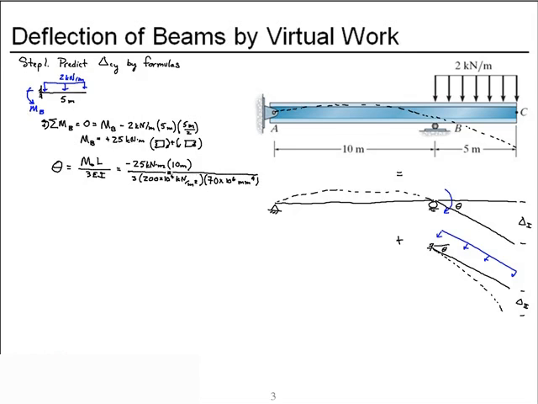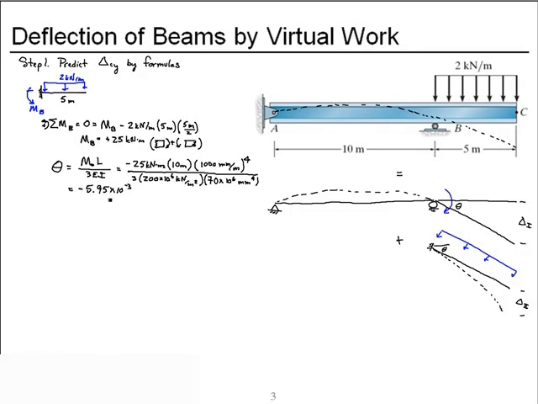And my units are not consistent. I get meters to the fourth in the numerator and millimeters in the denominator, so I will convert to get consistent units, and I have 1,000 millimeters per meter raised to the fourth. All that together gives me a slope at end B of negative 5.95 times 10 to the minus third radians.